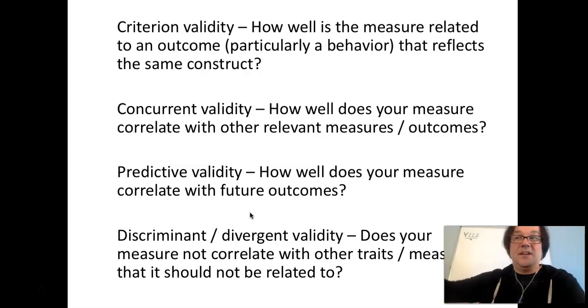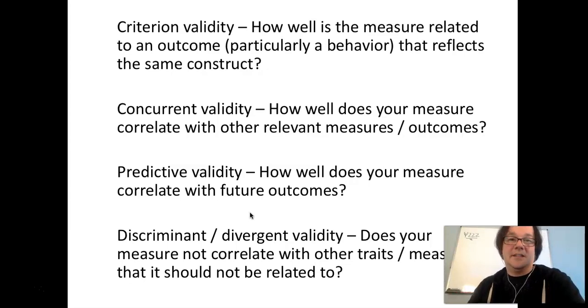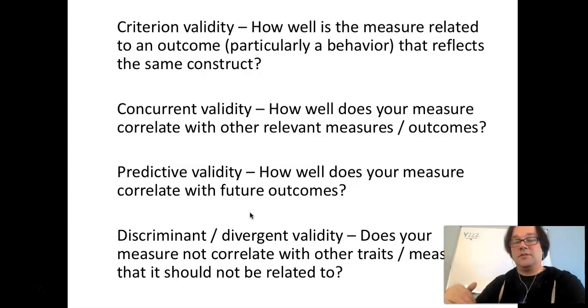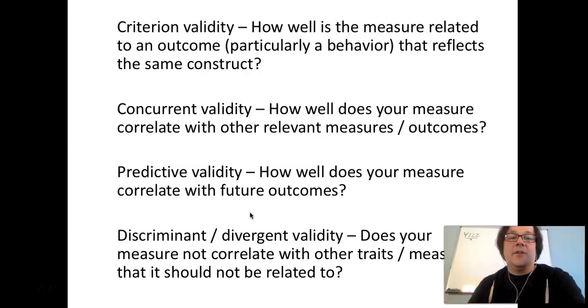And that might be a separate scale that exists out there. Or I might expect you to score low on rights for transgender individuals, let's say, right? That would be an example of divergent or discriminant validity.